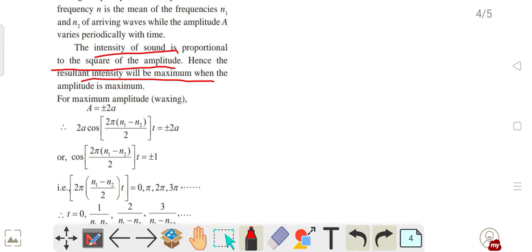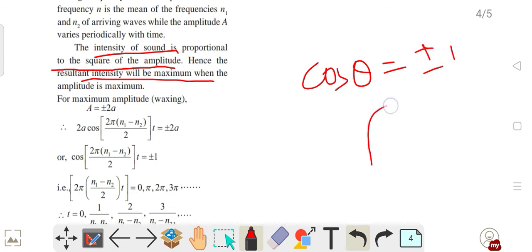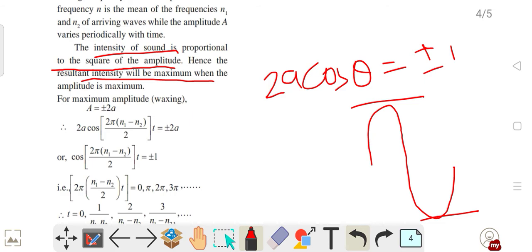The amplitude will be maximum when cos θ = ±1. Since before cos there is 2a, the maximum amplitude will be either +2a or −2a, so 2a cos of this much is ±2a.